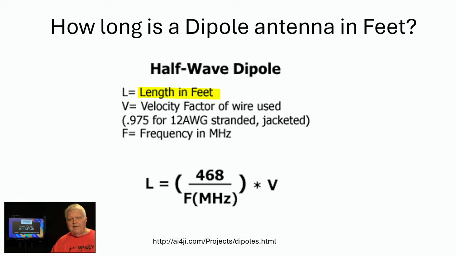And that's what that V, or velocity factor, is all about. With a plastic jacket on it, the antenna will be slightly shorter, maybe 5% or so. So this is how you can calculate how long a dipole antenna in feet will be: 468 divided by the frequency in megahertz. It will get you started.